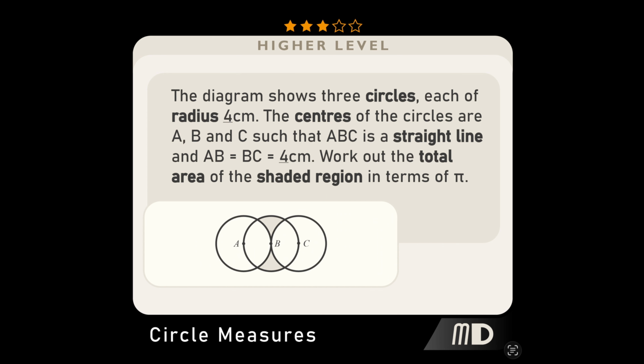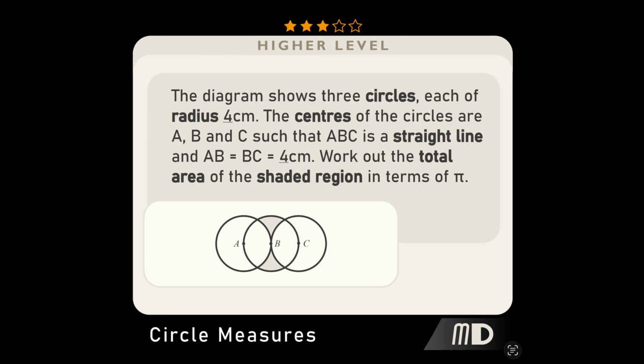A sector of a circle is a slice of a circle. It's the portion of the circle's interior enclosed by 2 radii and the arc that connects them.